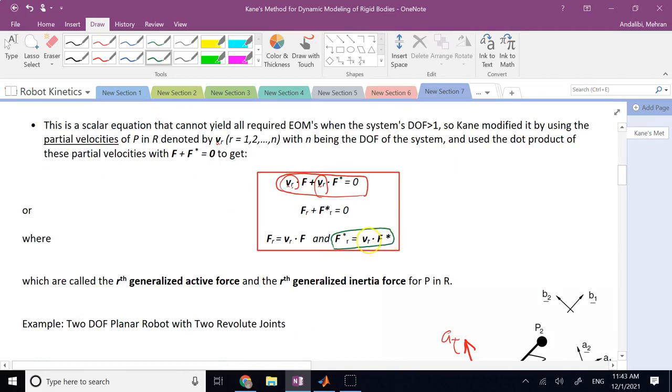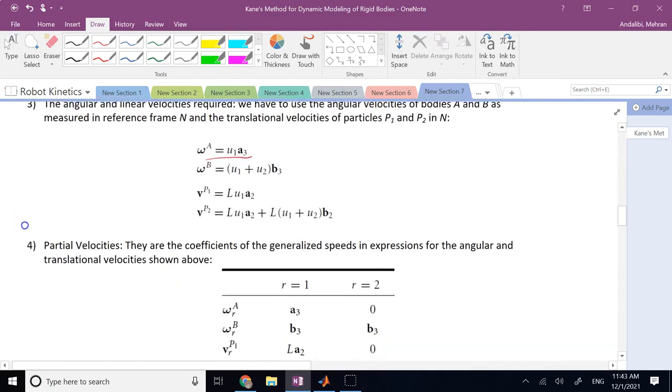But now you have more than one V. You have several VRs. Since you have several VRs, each one of those terms that you dot product, now you have to add them together to get what? To get the total F star R. And that's what you see here.